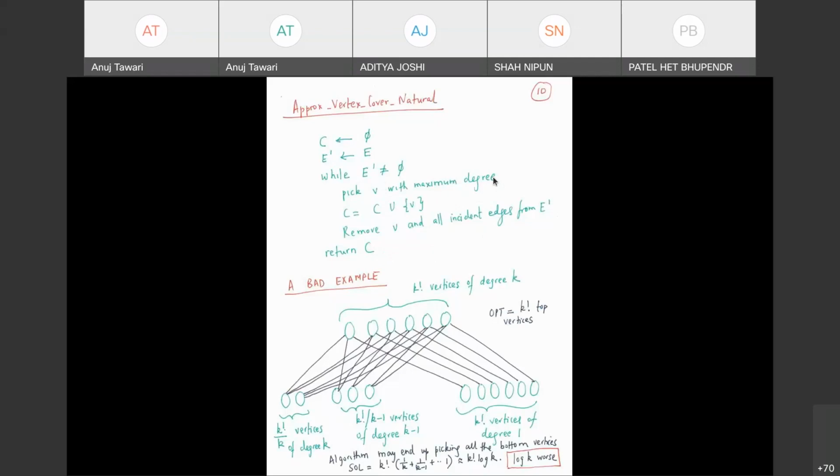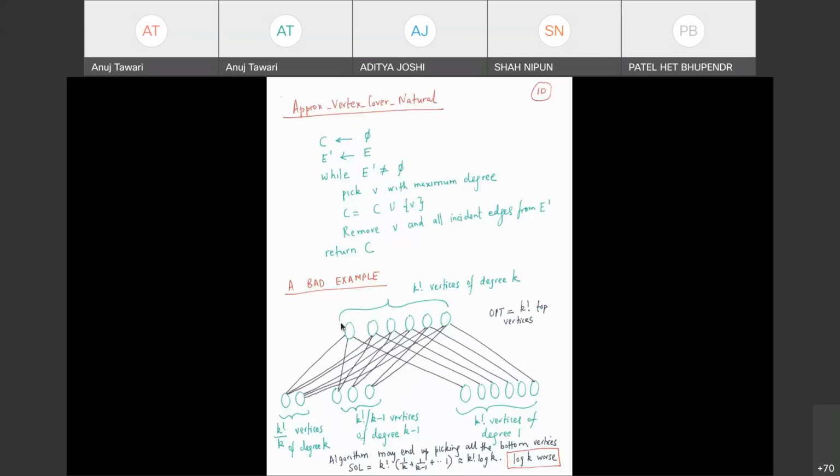We were looking at this example, which is a bad example for this particular strategy. Let's say you have some vertices at the top. This is an example of a bipartite graph, because all the edges go from bottom to top.